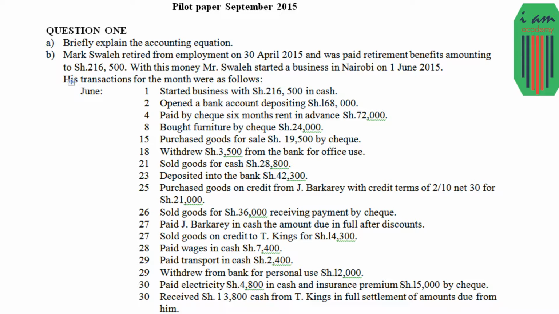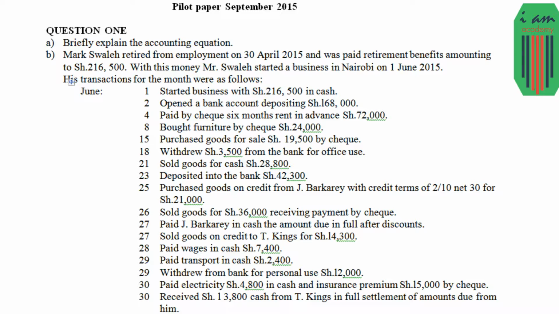His transactions for the month were as follows. On June 1st, he started business with 216,500 shillings in cash.